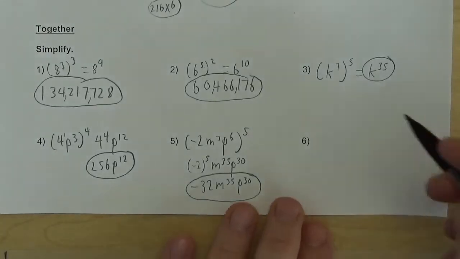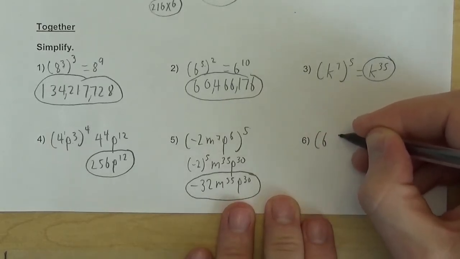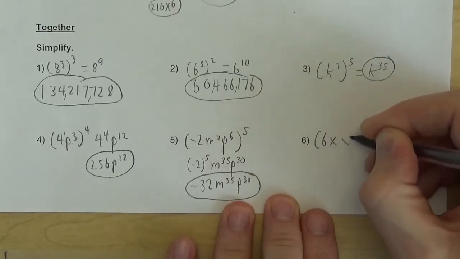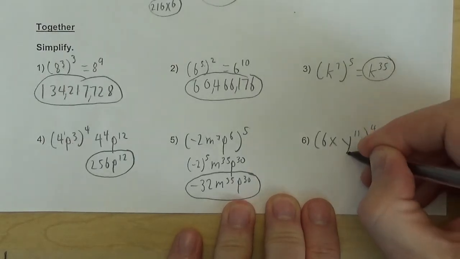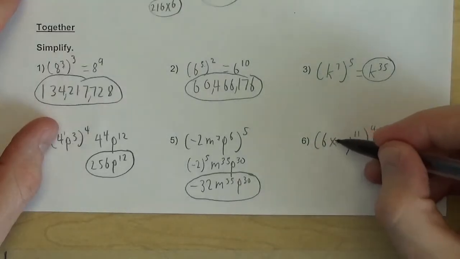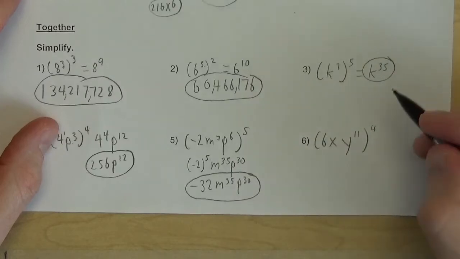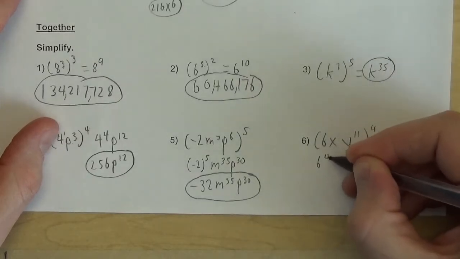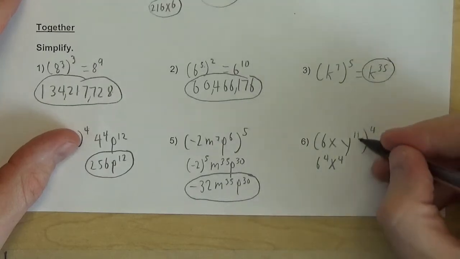And then number 6 is 6xy to the 11th, to the 4th. So everything in here that could be considered a base, the 6, the x, the y, all gets an exponent of 4. It's all included in those parentheses. So 6 to the 4th, x to the 4th, y to the 11th to the 4th, power to a power.